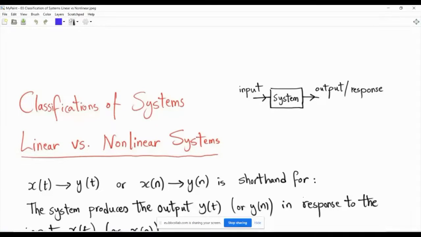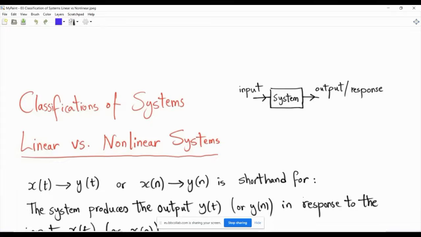There are systems that will do time shift, systems that can do time scaling, systems that can do different types of filtering, and so on. But generally, a system is just something where you give it a signal, and it manipulates this signal to produce some output signal.